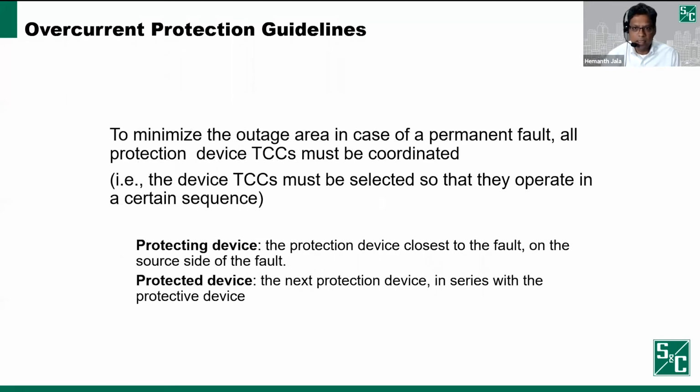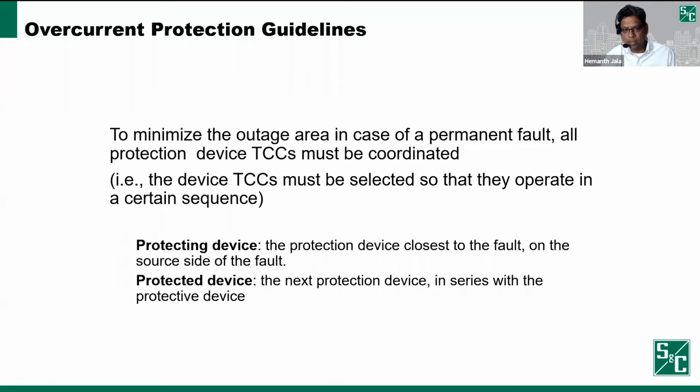And tying that, we come to the point of coordination, because to minimize the outage area in case of a permanent/sustained fault, you want to make sure that all your devices are properly coordinated. That basically means that the TCCs, the time current curves, which we'll take a look at a little bit later, must be selected so that devices operate in a certain sequence.